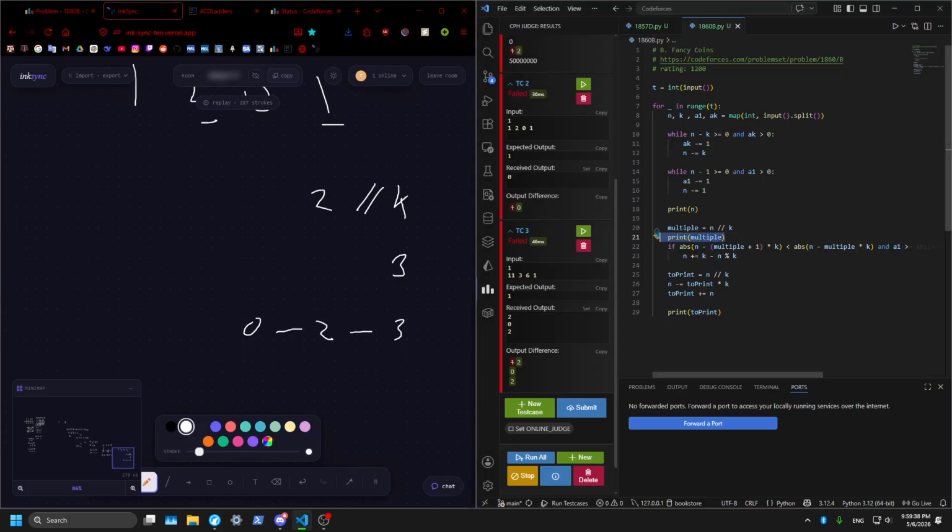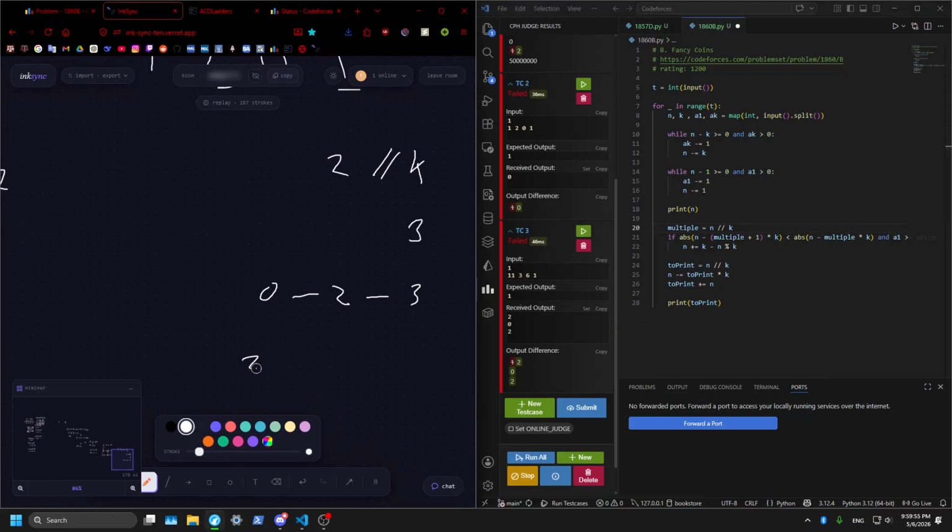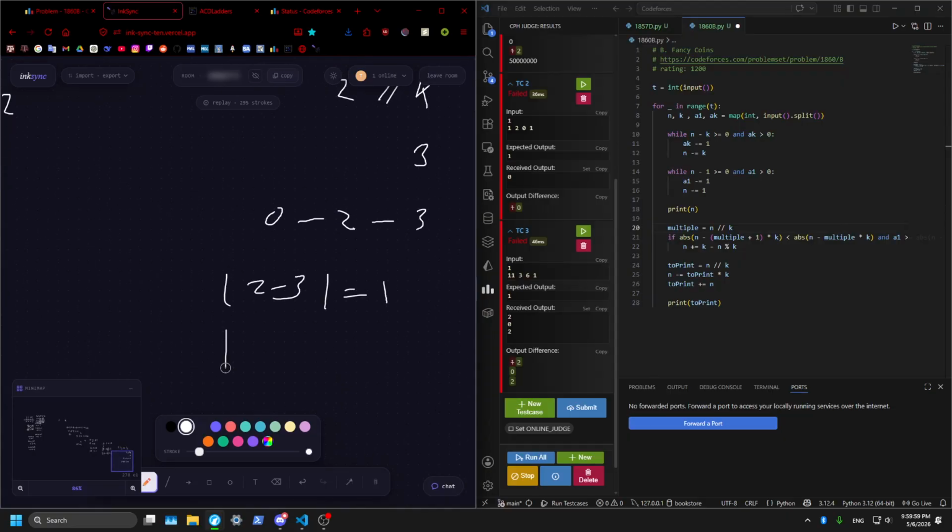So we are simply looking for n minus 3 is 1, and then 2 minus 0 is 2.